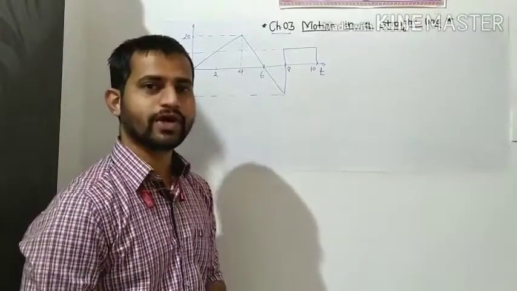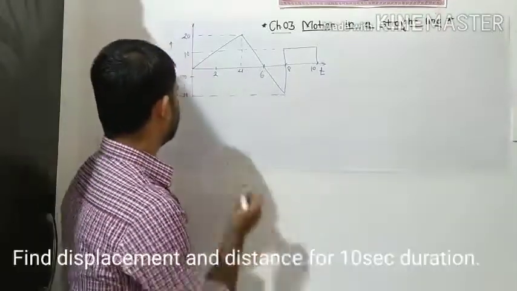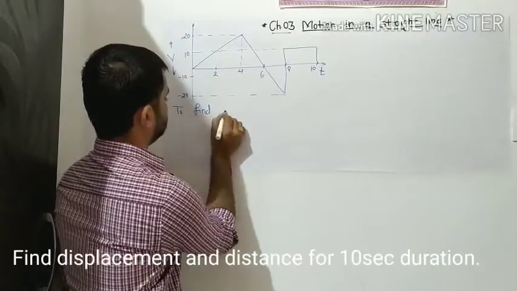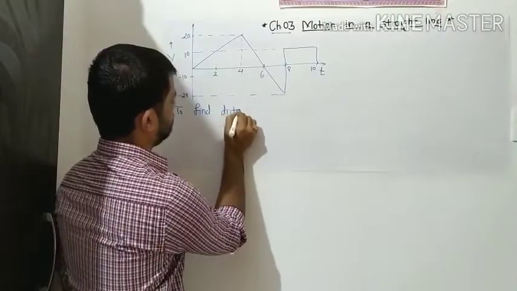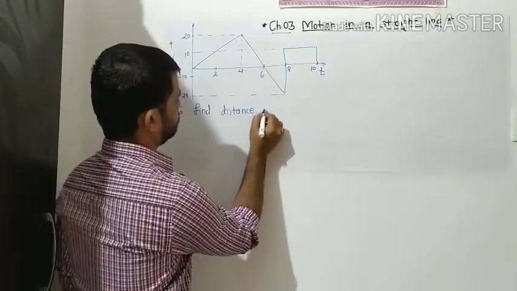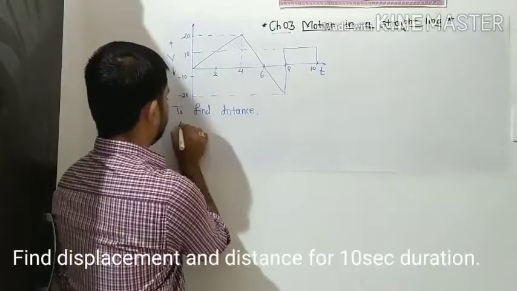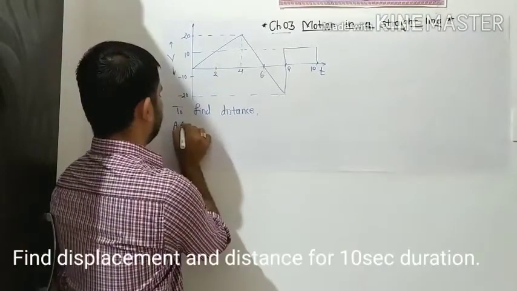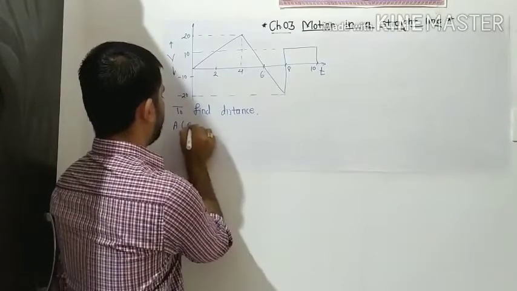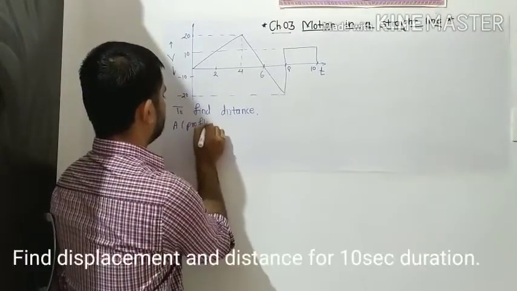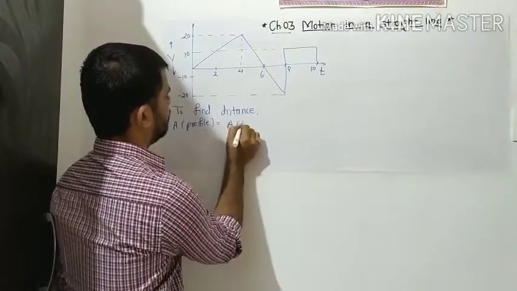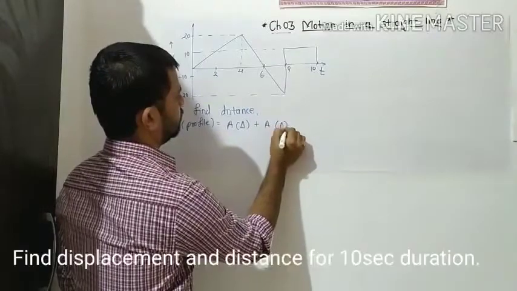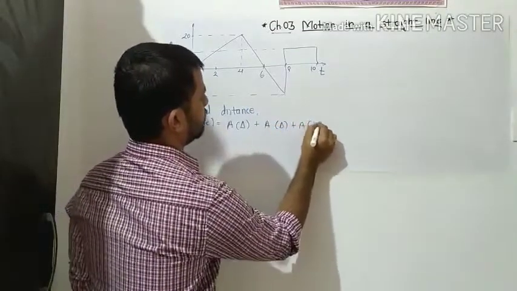So first of all we will find out the distance. To find the distance, area of profile is equal to area of triangle plus area of triangle plus area of rectangle.